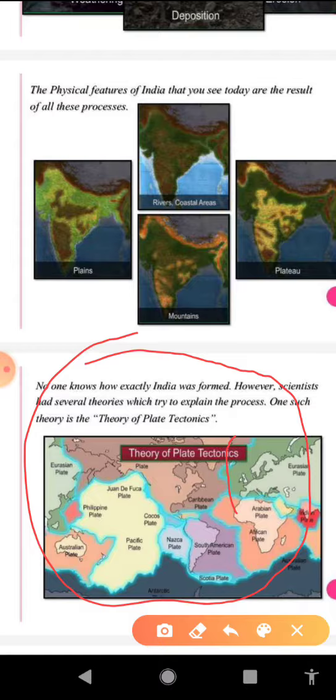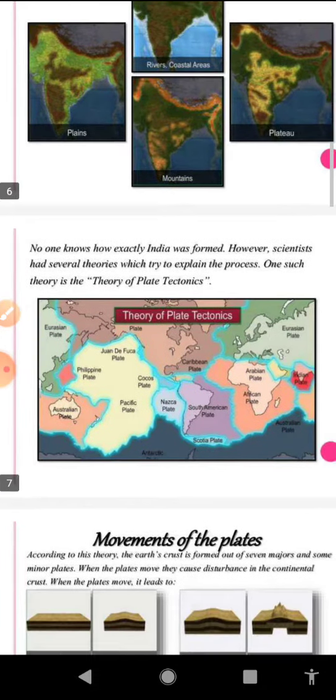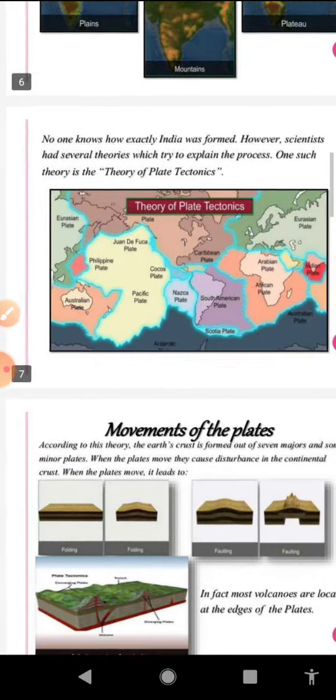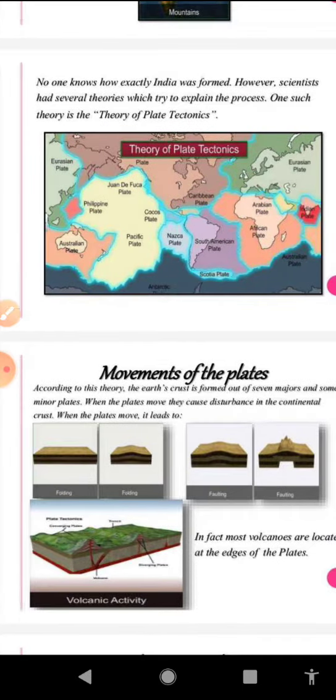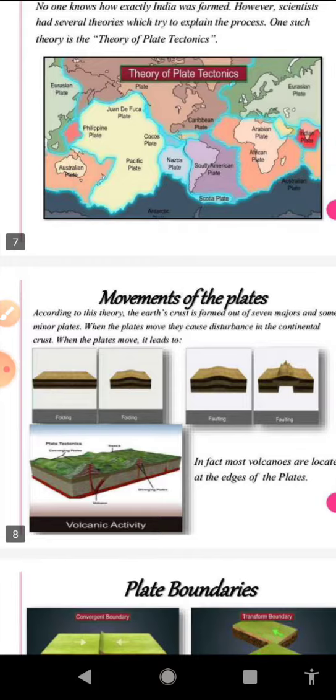These are the important plates we can see on the planet Earth. After that we'll discuss the movement of the tectonic plates. The movement of tectonic plates can be of three types.